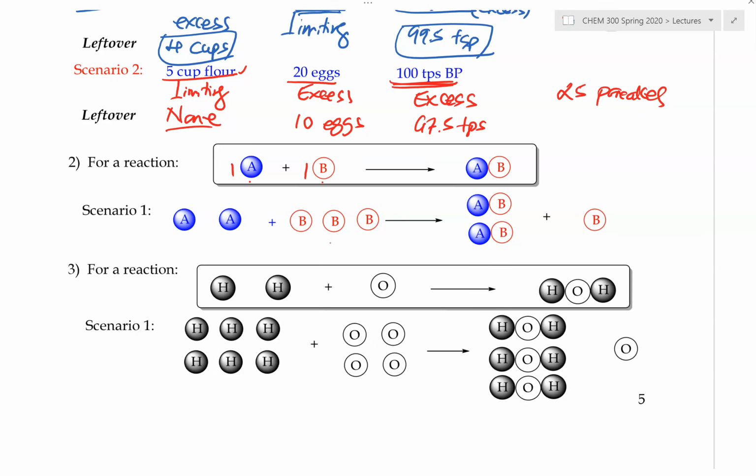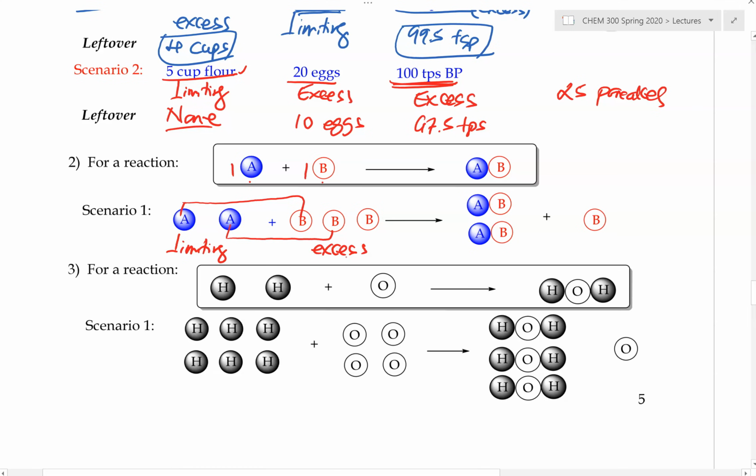So in this case, based on the equation, we see that the first A will combine with 1B. So the first A combines with the first B, and then the second A will combine with the second B. And now we're running out of A. So therefore, we can see that A will be our limiting reactant, and in this example, B will be our excess reactant.